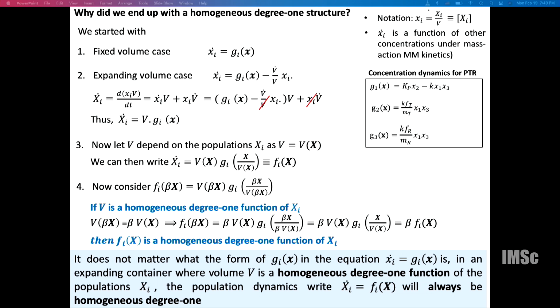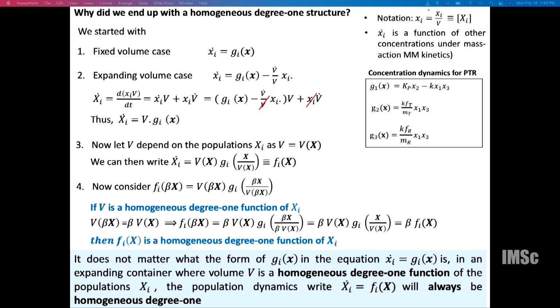But since I've run out of time, I'm not going to dwell on this. You can easily see that even if you had some generic equation in terms of concentrations, so in our example, G1, G2, G3 with these functions, could be any nonlinear function. When you consider an expanding volume, you will add an additional term.